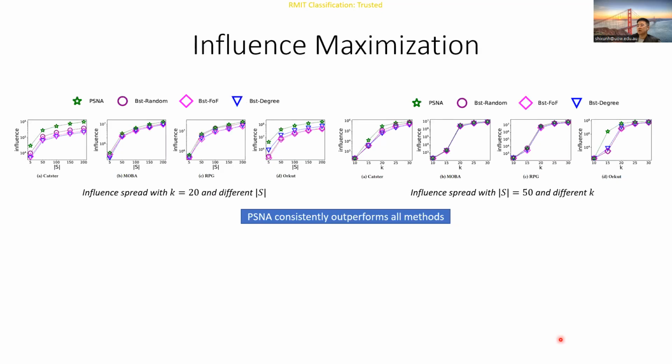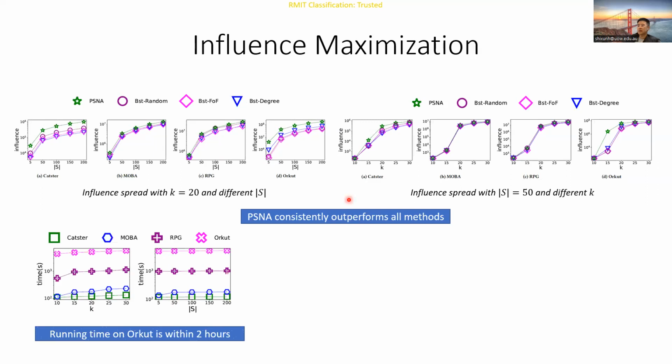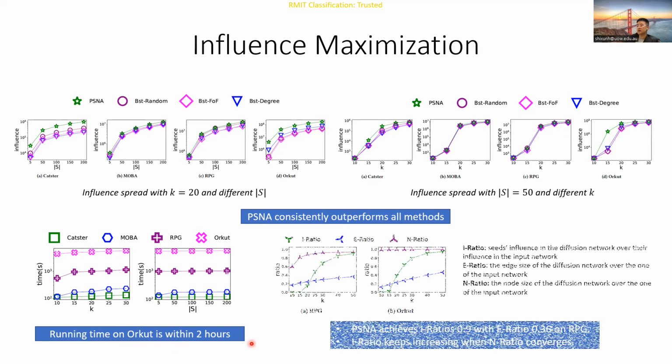We also conduct experiments by varying the seed size, and the result shows that our method consistently outperforms all boosted versions. And our method is able to produce the solution on Orkut within 2 hours, which is feasible in practice. And we also conduct experiments for different ratios.